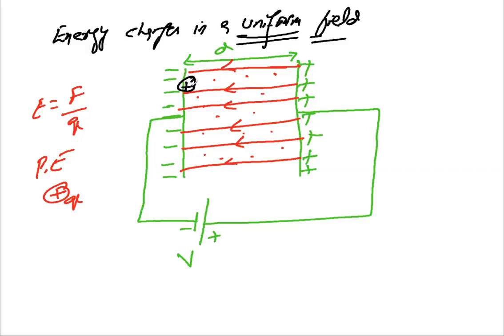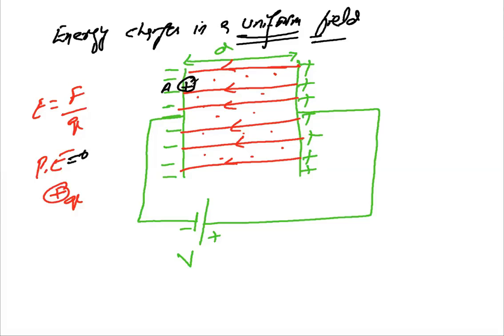When you bring it toward this, I am not doing any work. I place a positive charge at this point, so the positive charge is attracted toward this negative plate. So I am not doing any sort of work, and potential energy will be equal to 0 at point A.